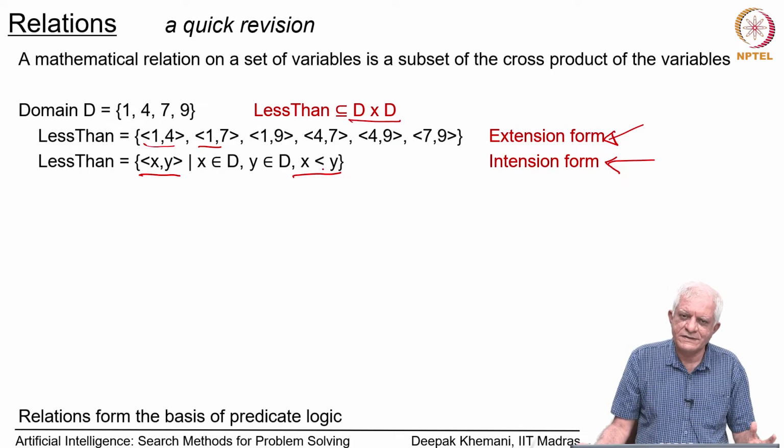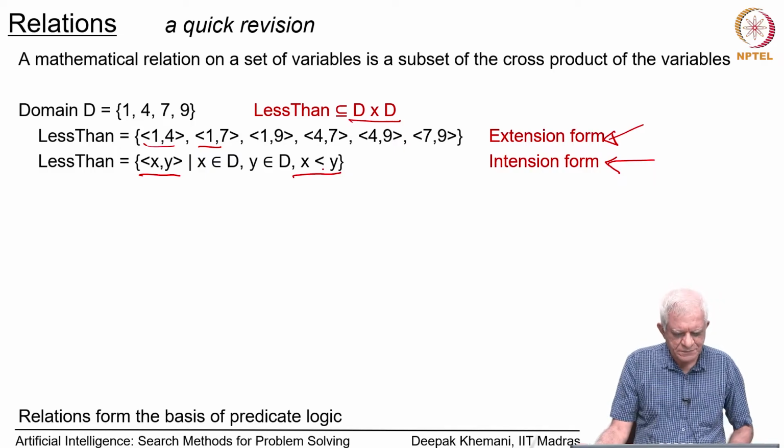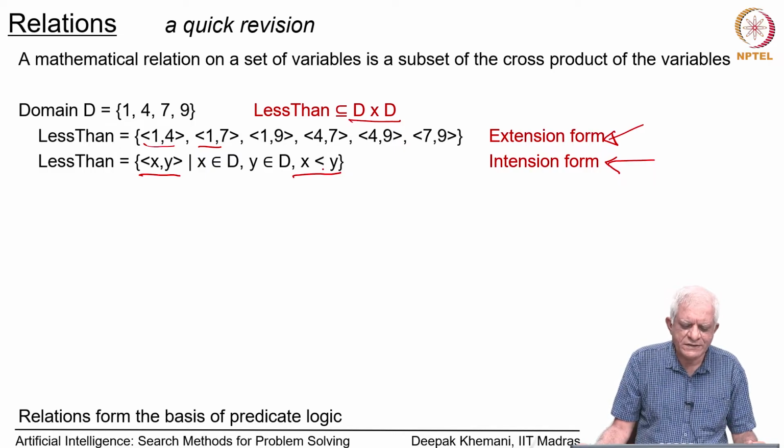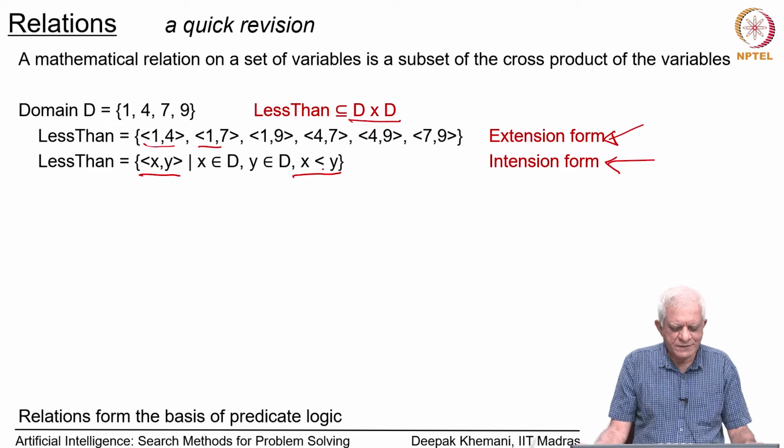If you are building a system and you have to have a large domain, then of course, you cannot rely on an extension form, but you can always write programs which will convert them from the intention form to the extension form essentially.